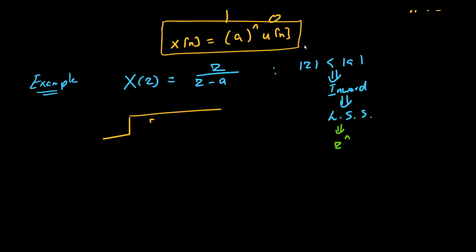Now again we are dividing z, but since we are interested in positive powers of z, we would bring this minus a first when it is inward, and then we would have a plus z. Now in order to cancel this, we are going to multiply with minus a inverse and z.